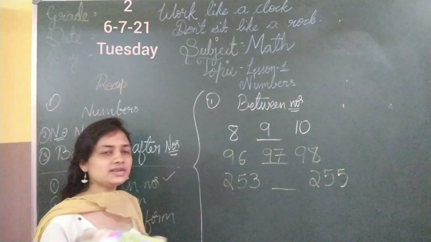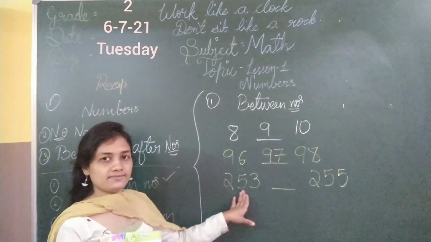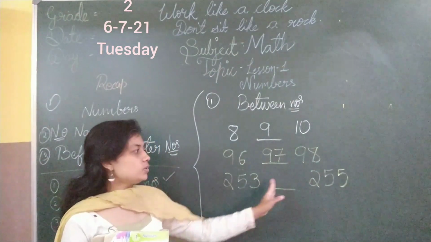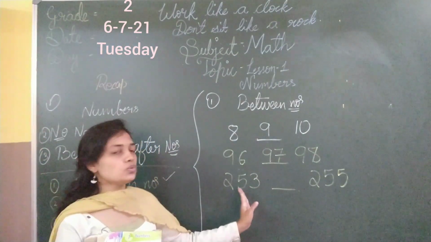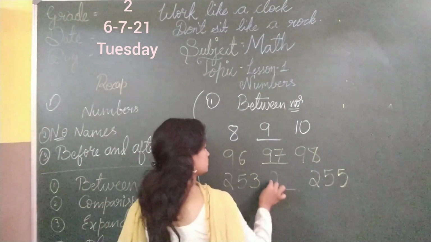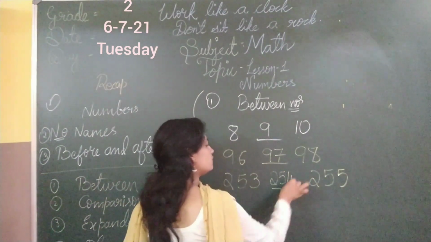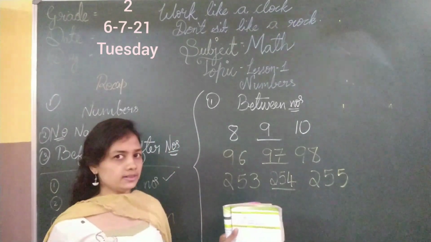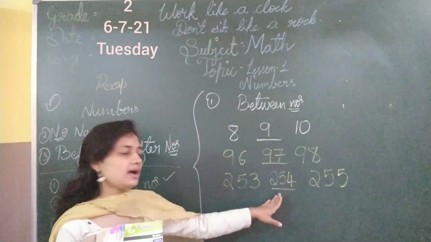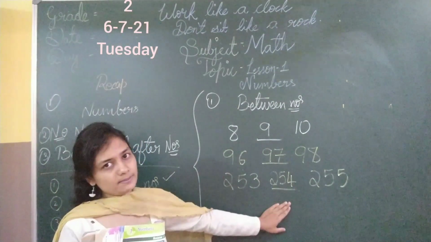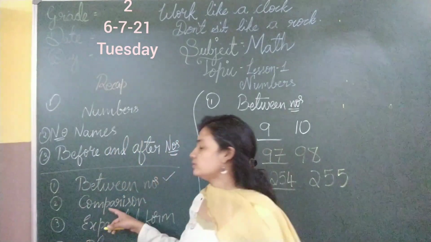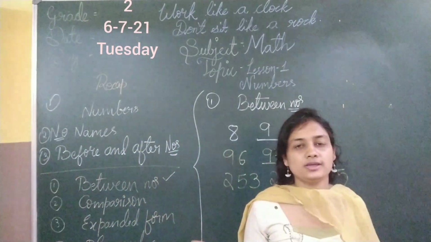You can see you have 3-digit numbers, 253, blank, 255. So what comes in between them? After 253, what comes? 254. So this is so simple, children. You have to check the first number, check what comes after this number, and you get the between number. So this is the first topic, and the next topic we are going to do is comparison.